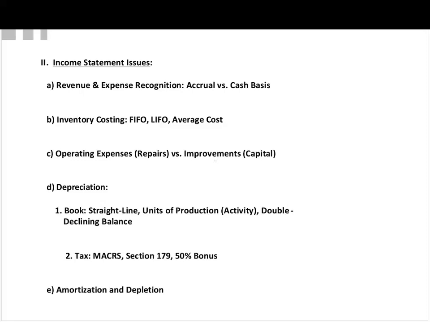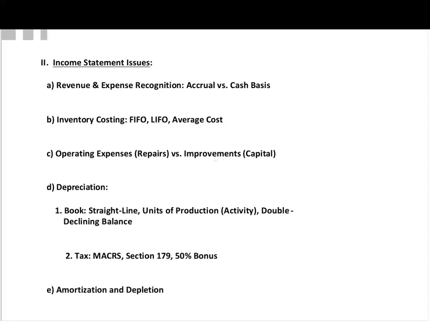LIFO, on the other hand, is really totally different. LIFO is where the accountant will artificially show the cost of the inventory for the last purchases of inventory during the accounting period as if it's the first inventory sold. Last in, first out. It's a play on the numbers.